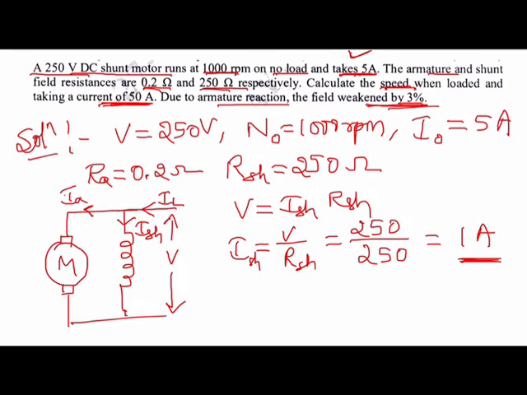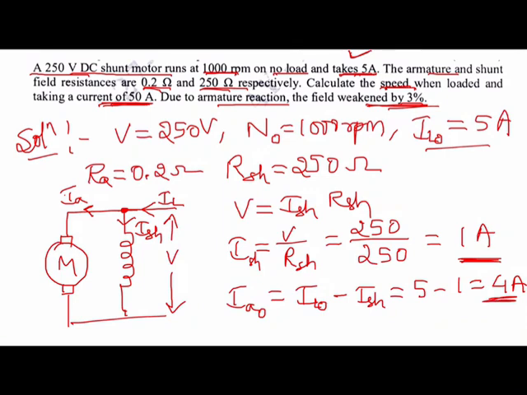So IA0 under no load conditions, if you apply KCL at this node, applied current IL is equal to IA plus ISH, or IA is equal to I0, or you can say IL0, minus ISH. So this will be 5 minus 1, it is 4 amps. The armature current drawn under no load condition is 4 amps.